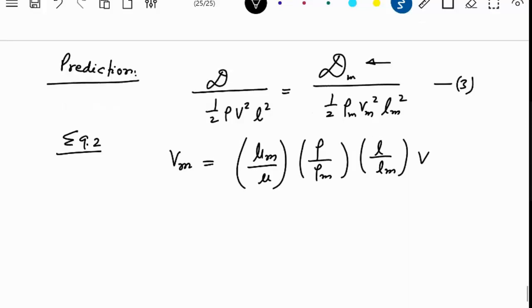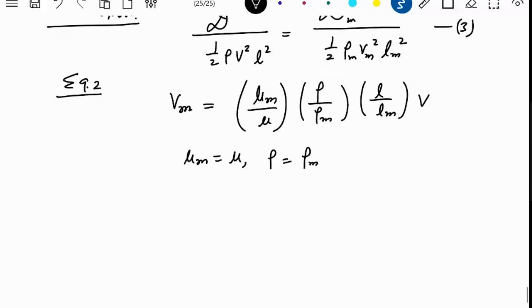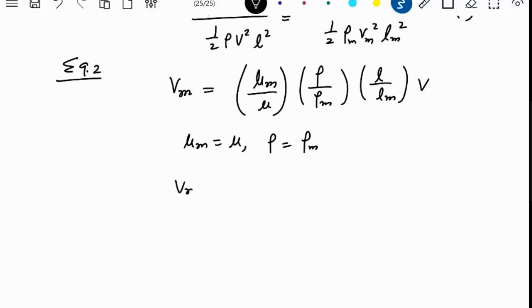Now if you are modeling the same fluid, then Vm I can write simply as L by Lm times V. So once again you see the velocity in the model is directly related to the ratio of the geometry, the geometrical length scale.